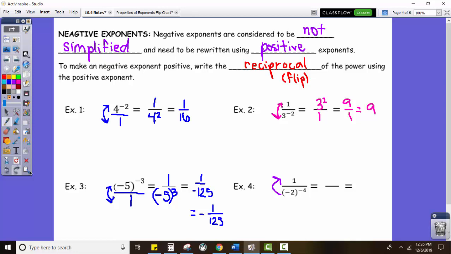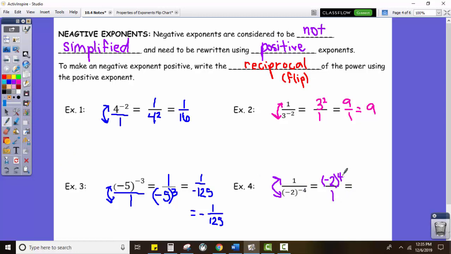Okay, and for example 4, again we have negative 2 to the negative fourth power in the denominator. That is not proper. So I'm going to flip the numerator and the denominator. So in the numerator I have negative 2 to the positive fourth. Okay, notice it stayed negative 2. The only part that changes is the negative exponent. In the denominator, I have 1.